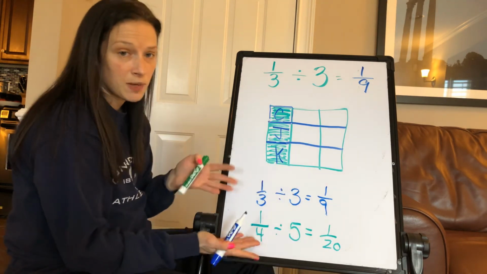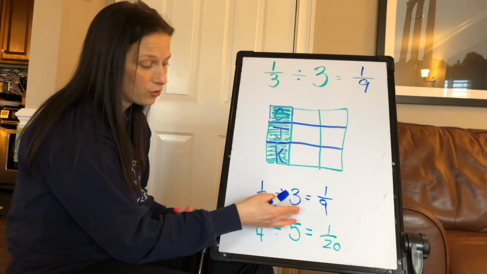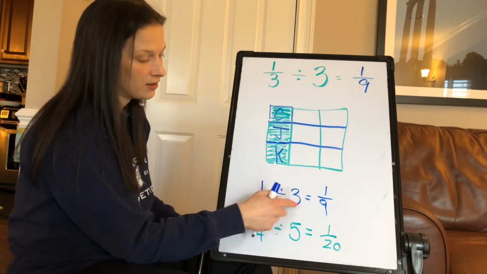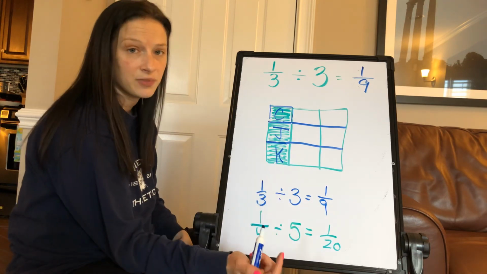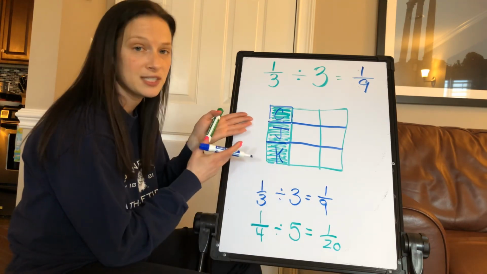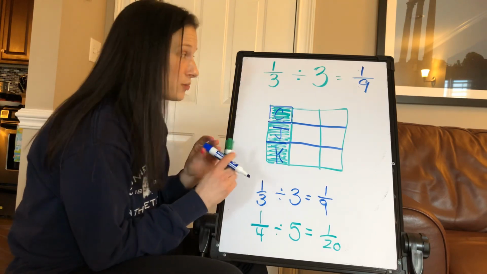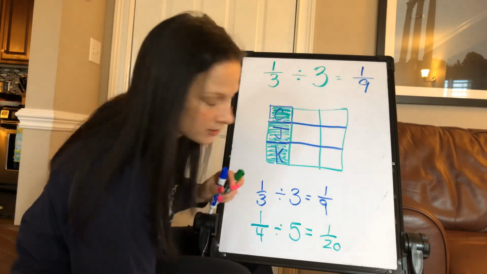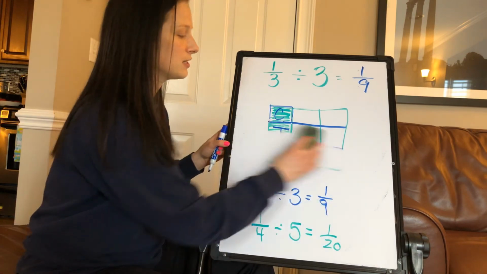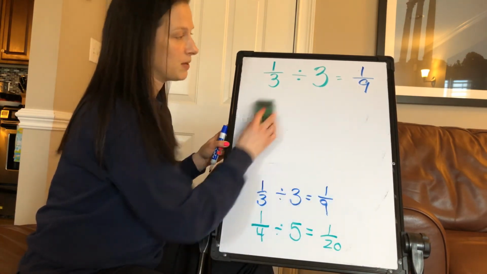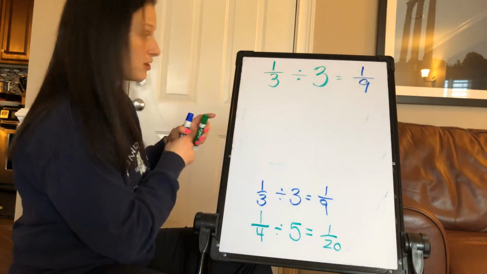So again, parents, you might be seeing a relationship, the whole, when we learn to invert, flip it over and multiply, that's what's going on there. But now you can see it in the representation. I hope that helps you understand. One other thing that I would like to tell students, just to make sure they didn't make a mistake, is to check with multiplication.